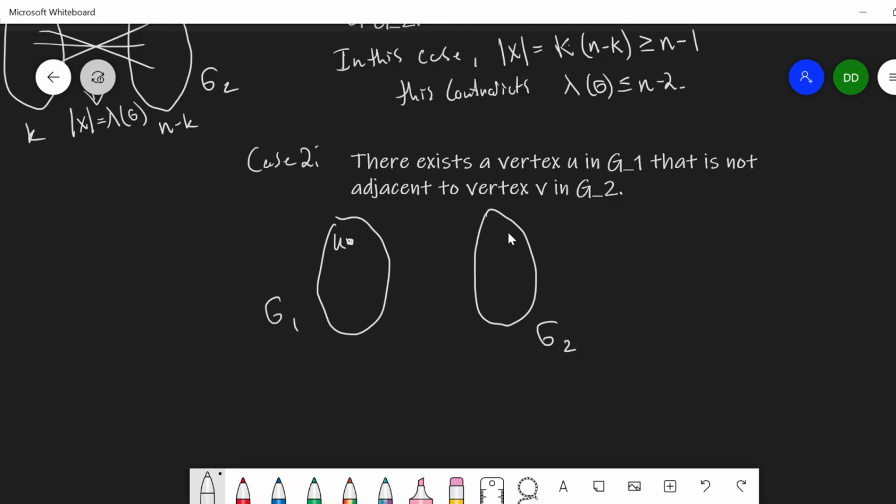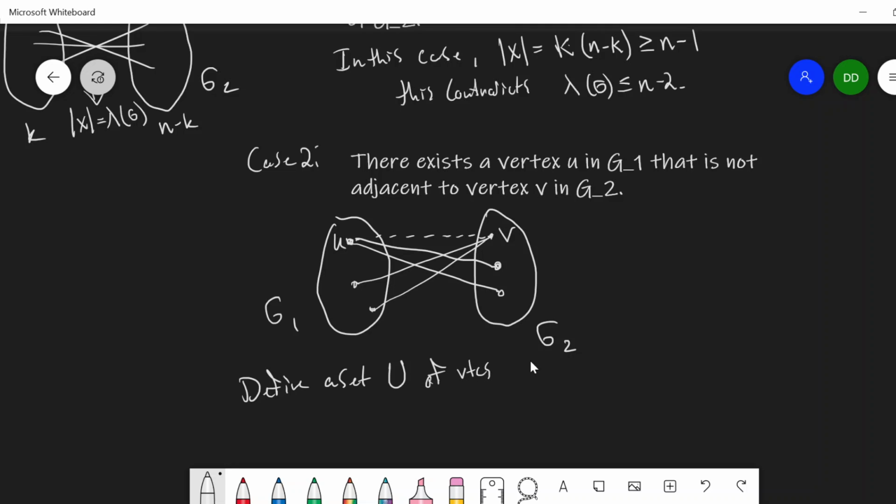Here's my vertex U, here's my vertex V, and I'm assuming there is no edge between them. They're not adjacent. U could be adjacent to other vertices over here, and V could be adjacent to some other vertices over here. Things like that can happen, but we know there's at least one non-edge. So what we're going to do here is define a set U of vertices that will turn out to be a vertex cut.